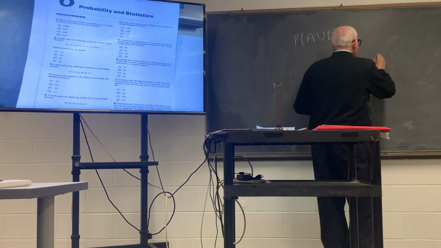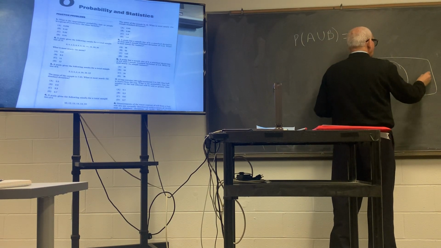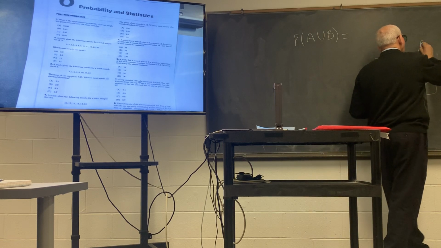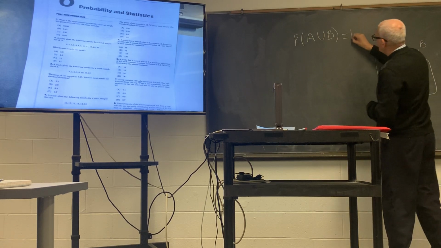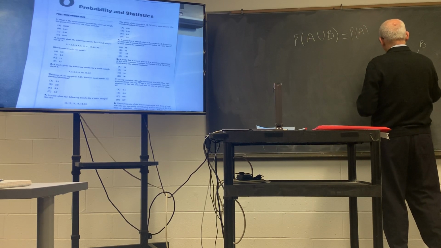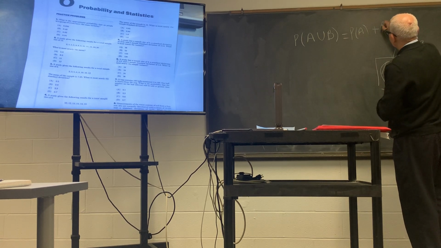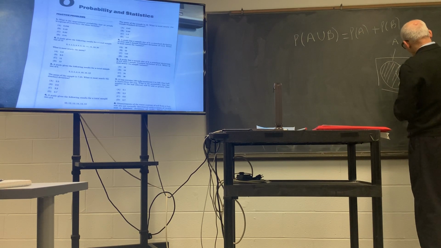But if they aren't, if this is A and this is B, if I say the probability of A, I took this whole area. And then if I say plus the probability of B, then I took that whole area.